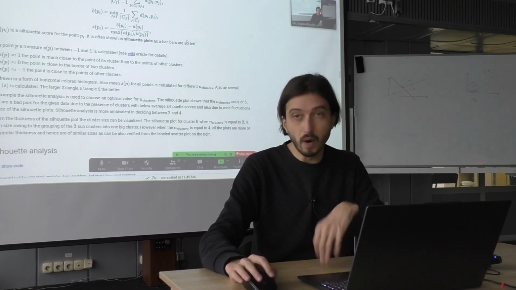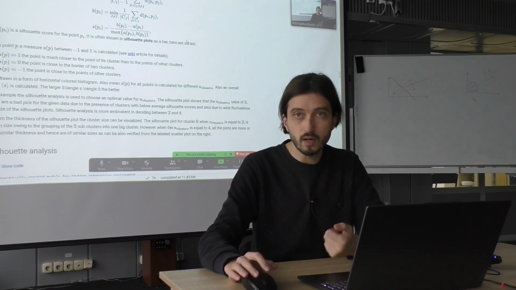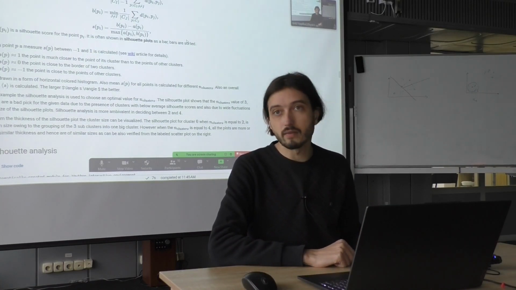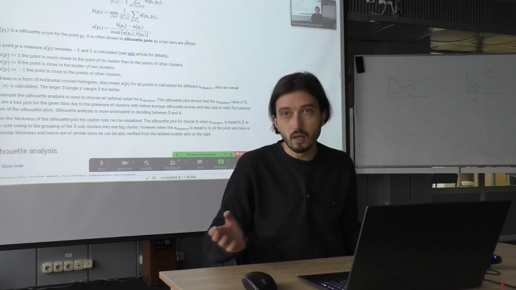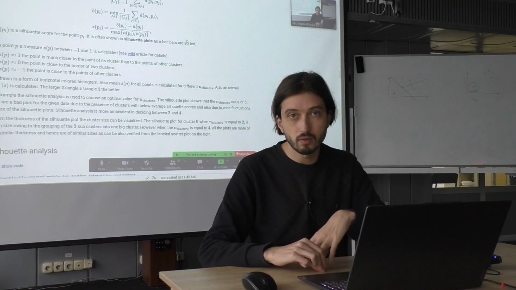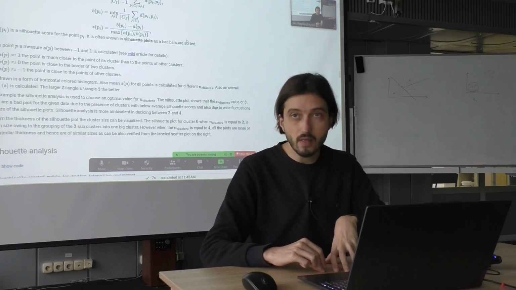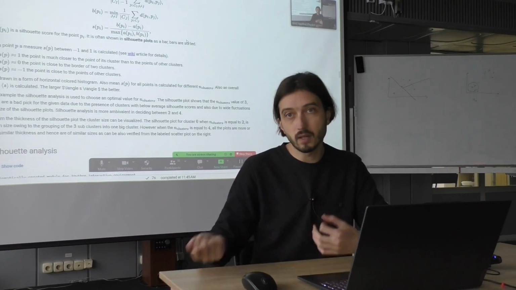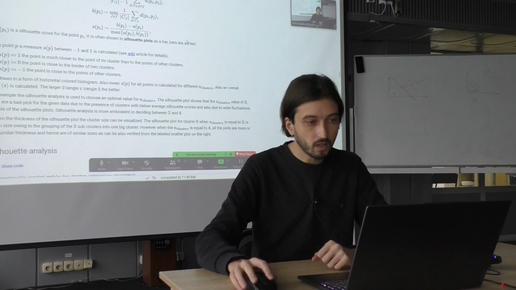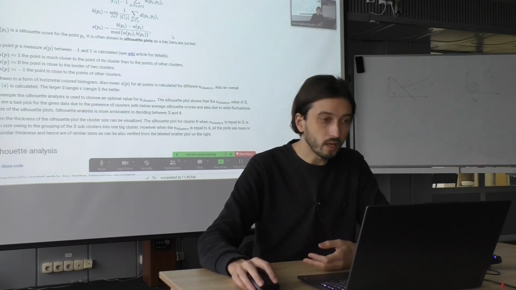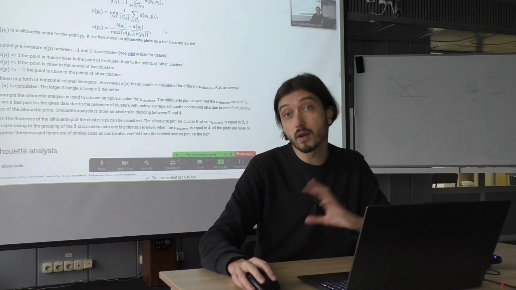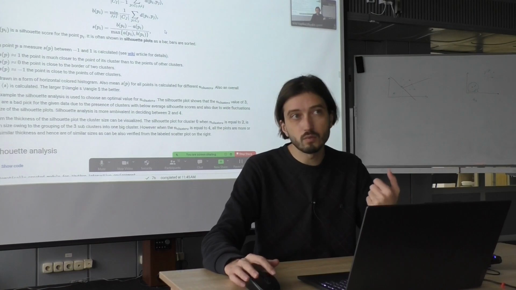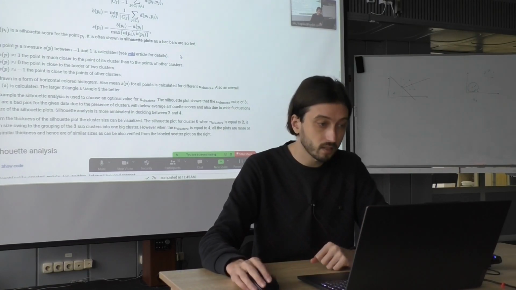If we have -1 or something close to -1, that's the opposite situation. The mean distance from the point to its own cluster is much bigger than the distance to the competing cluster, so maybe it wants more to be in the competing cluster than in this one. And 0 means it's some sort of border point between two clusters, so you can't definitely say whether it wants to be here or there.